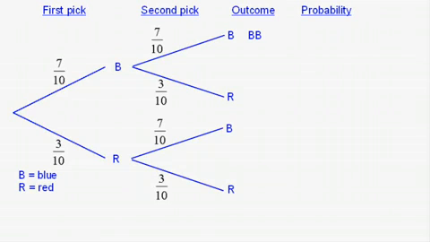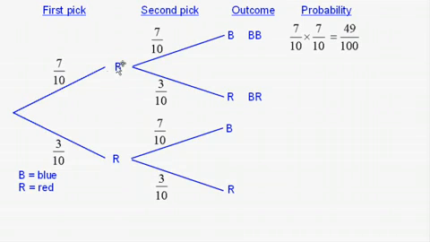The outcome of this first branch is blue and then blue, so I've labelled it BB. And the probability is 7/10 times 7/10 because it's blue and blue. If you remember, when you're ANDing 2 things, you multiply them together. That gives us 49/100.